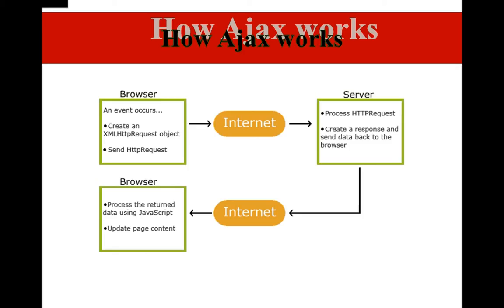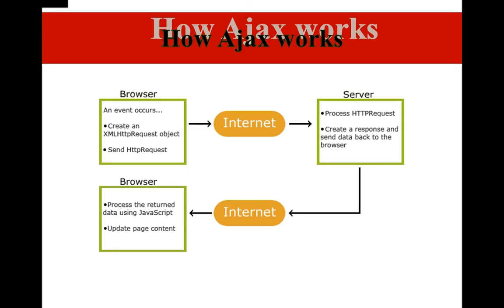If you see the working style, at the client browser, first we create the XMLHttpRequest object, and then we open that object and send the request to the server. Then what does the server do? The server accepts the HTTP request object, processes that request and generates some sort of response.